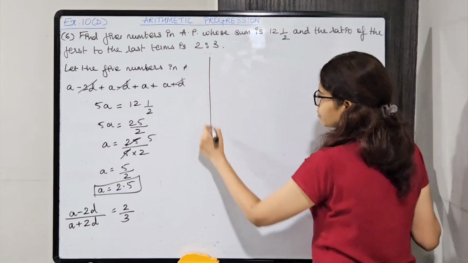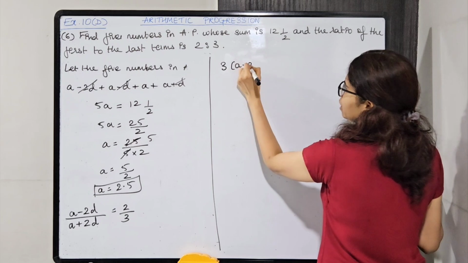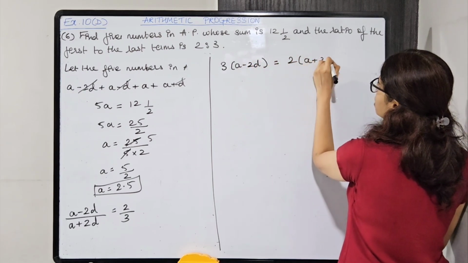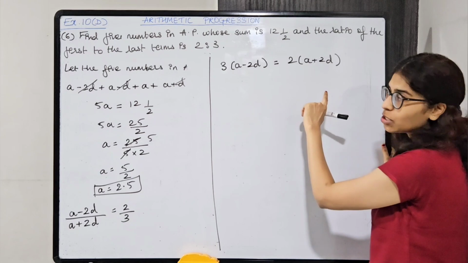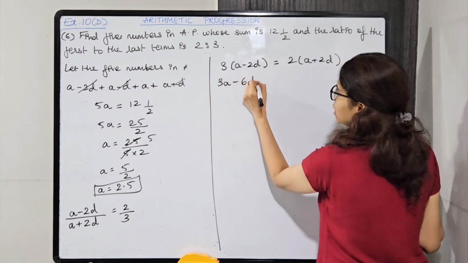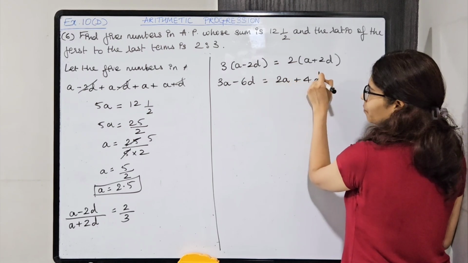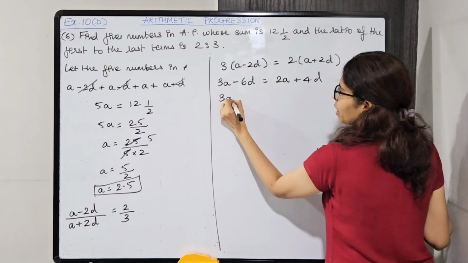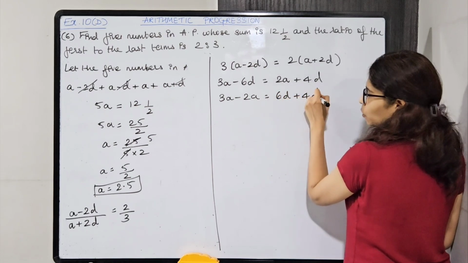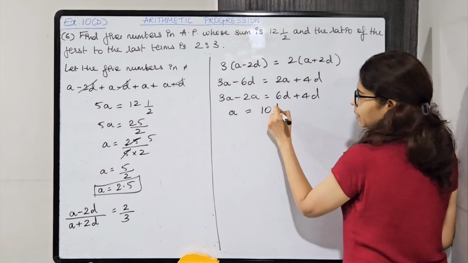Okay. Cross multiply, so 3 into A minus 2D is equal to 2 into A plus 2D. Put brackets. Okay. So 3A minus 6D is equal to 2A plus 4D. 3A minus 2A will be equal to 6D plus 4D. Okay. That will give A is equal to 10D.